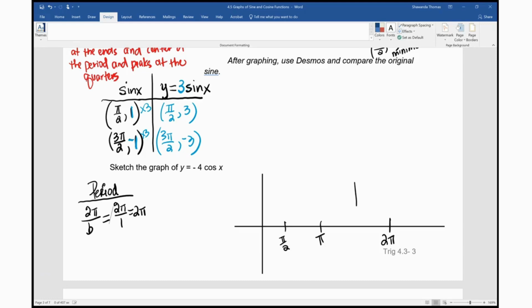And then again, that would be 3 pi over 2. How do you get that? Average it. Add pi and 2 pi.